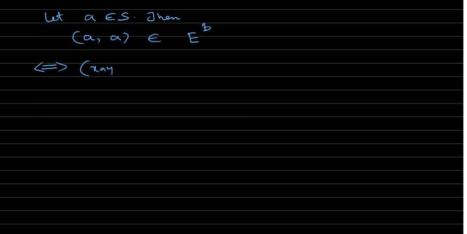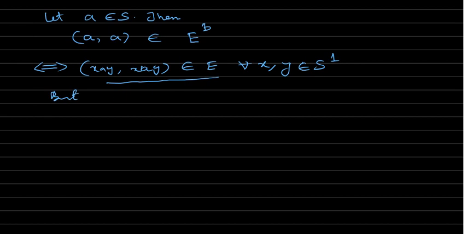(x, a, y), (x, a, y) belongs to E for all x, y belongs to S1, because a is there in both places. a will be in E flat only when this holds: (xay, xay) belongs to E, and this one is true because E is reflexive, because this E is an equivalence.